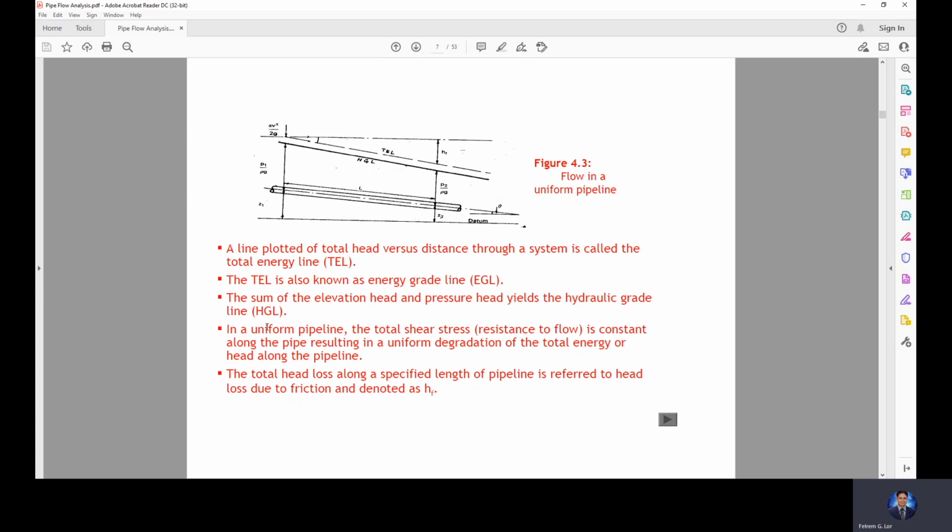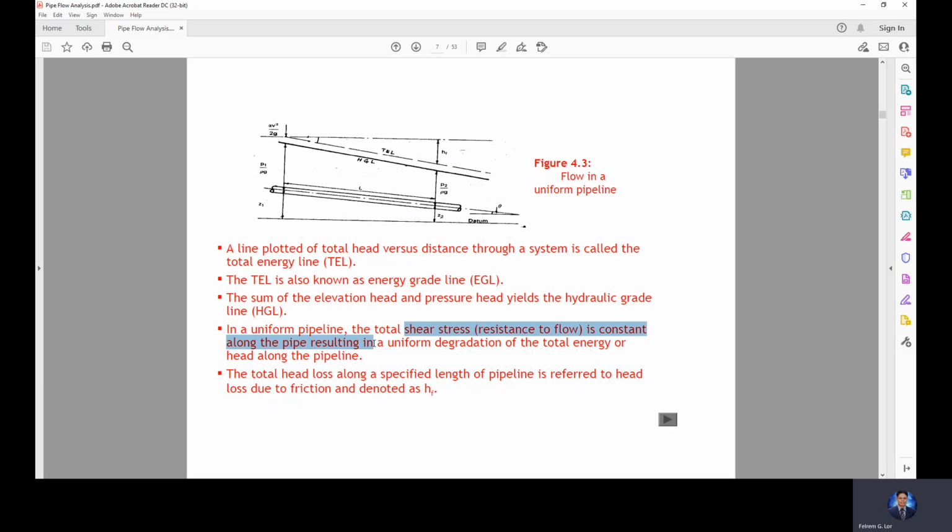Okay, so in a uniform pipeline, as I've said, there's a shear stress occurring between the flowing fluid and the wall of the pipe. The total stress is presumably constant because the pipe is homogeneous, same material, same diameter all throughout.